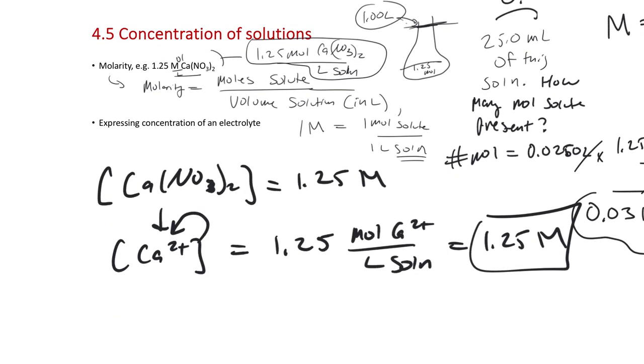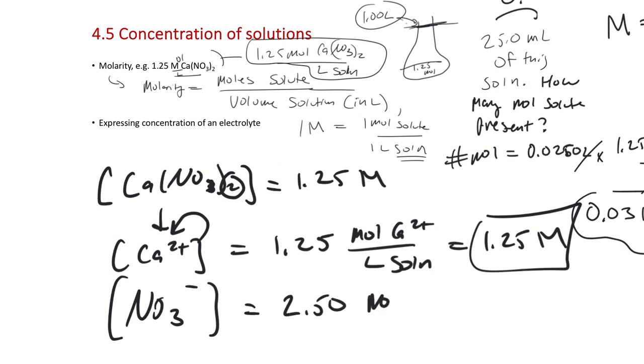And then, of course, the other ion, nitrate. The molarity of the nitrate ion is that we're getting 2 moles of nitrate for every 1 mole of calcium nitrate. So I'm getting 2 of these nitrate ions, so this is going to be 2.50 moles of the nitrate ion per liter of solution.